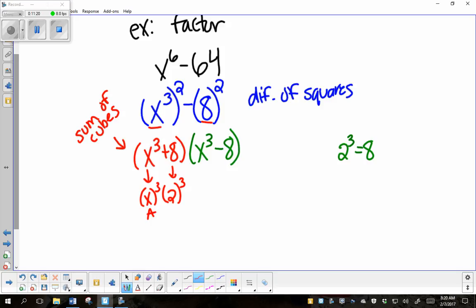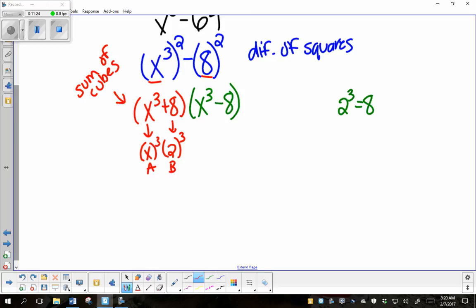So this is like my a and my b. So I'm looking at my formula for sum of cubes, which we hopefully memorized by now. And this is going to break into x plus 2 times x squared minus 2x plus 4. I got the 4 because that's 2 squared. That's my b squared.